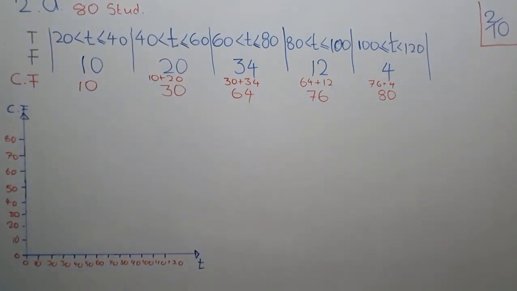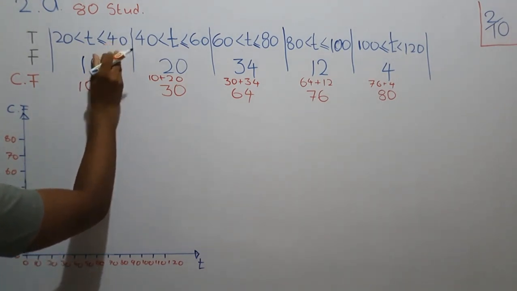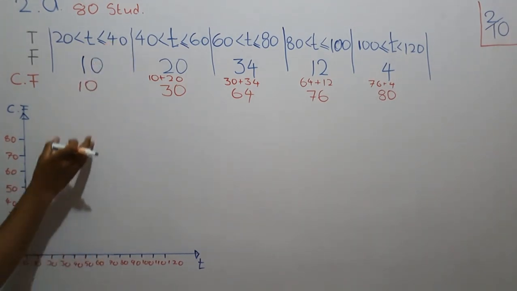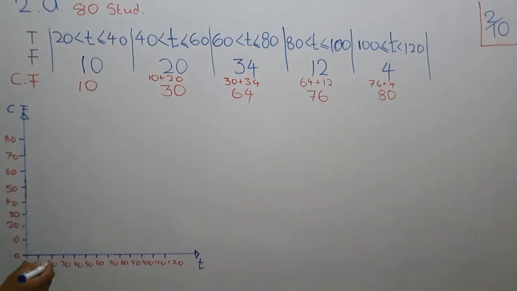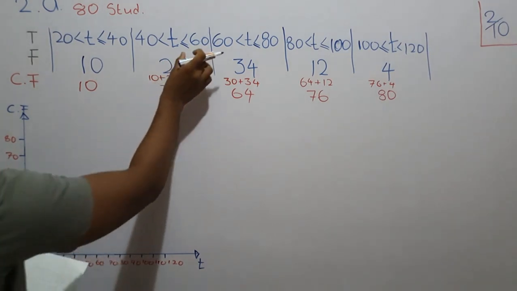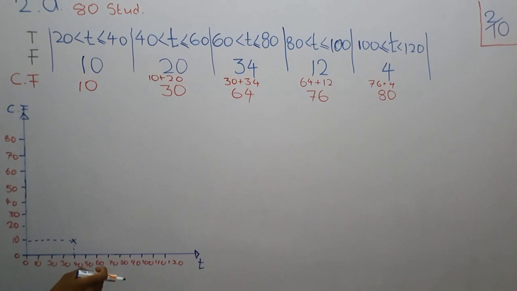Now we'll plot the values. Until the 40th time, there are 10 frequencies. And until the 60th time period, there are 30.